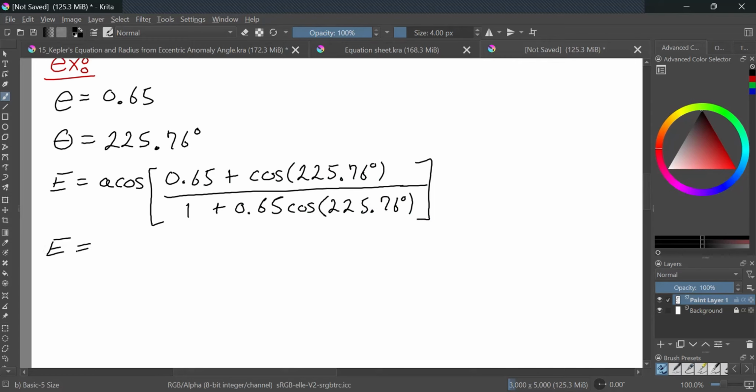And plugging that in, that's going to give you a number of effectively 95 degrees, 95.00 and change.